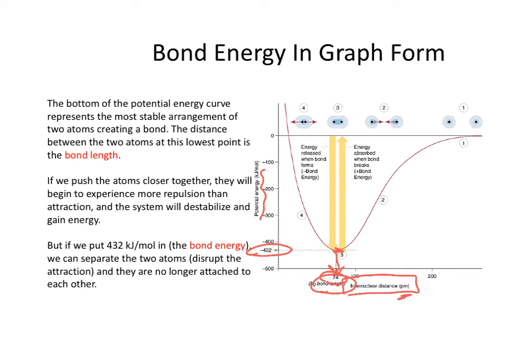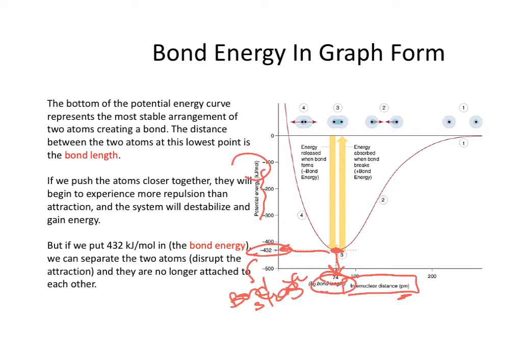If you go from the bottom of the energy well over to the y-axis, you can get the bond strength, which in this case is negative 432 kilojoules per mole. So bond strength is the bond energy. It's the amount of energy that needs to be put in to break that bond, or break the electrostatic attraction, or separate those two atoms. They all say the same thing.